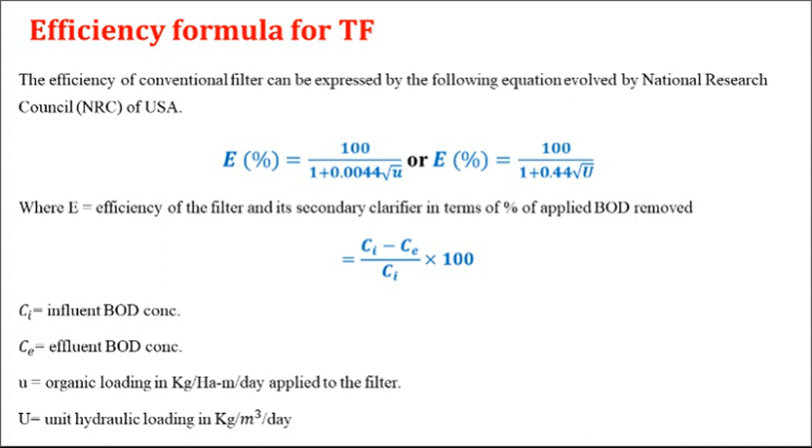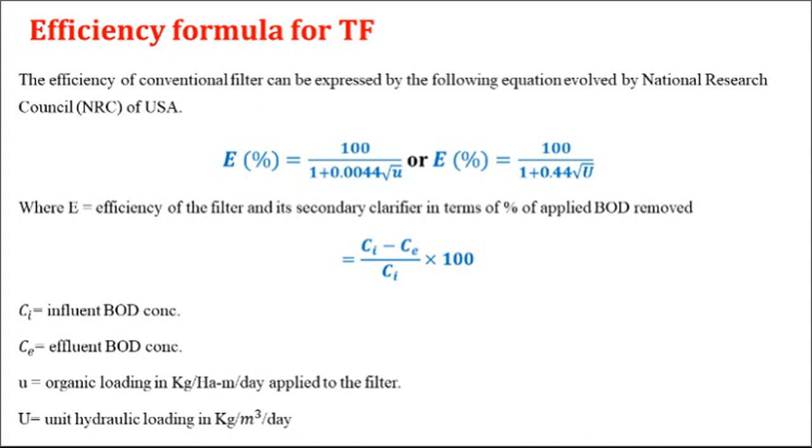As per this formula, efficiency E is equal to 100 divided by 1 plus 0.0044 under root of small u, or E is equal to 100 divided by 1 plus 0.44 under root of capital U, where E is the efficiency of the filter and its secondary clarifier in terms of percentage of BOD removed by these units.